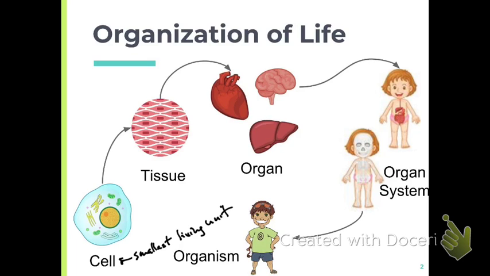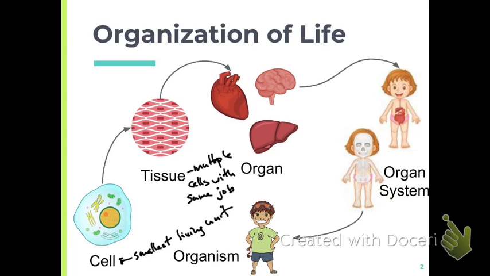If you put multiple cells together, we get tissue. So tissue is multiple cells that do the same job, purpose or job. If you put tissue together, you get organs. And then you put multiple organs together, we get organ systems.